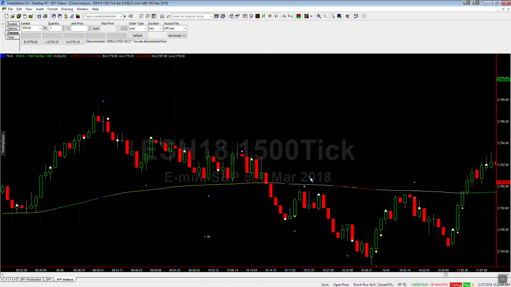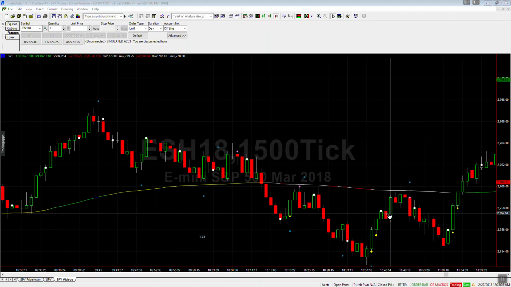You can only take them to the downside. So when it's green, you can continue taking the timing alert dots that are below the candlesticks until it changes red. And when it changes red, you can continue to take the timing alert dots that are above it and take them short until it changes green again.